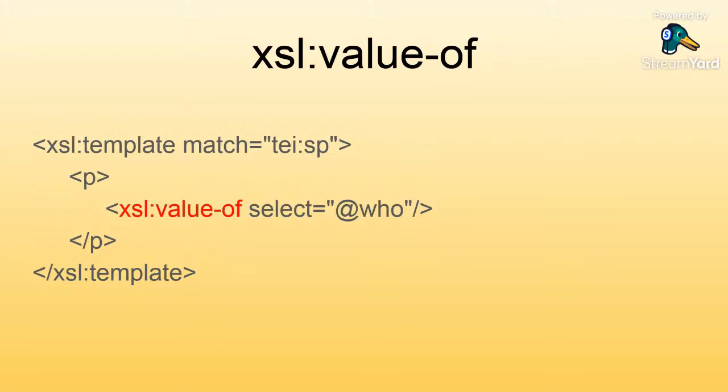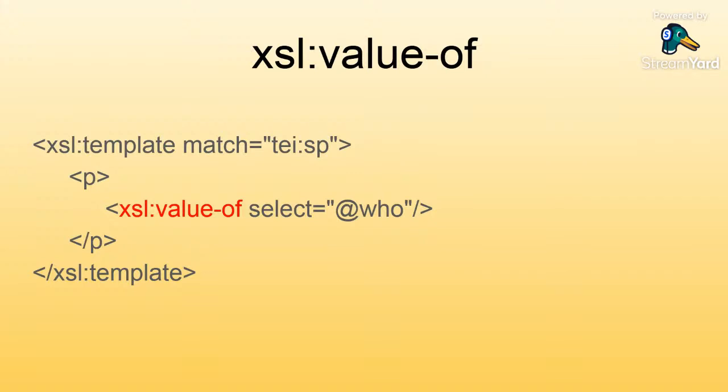different from XSL apply templates in that firstly you have to select something, you have to say what I want to print the value of, and secondly all it does is print the plain text value of that. Now an attribute like who can only have plain text content in it, so that makes sense. If I use value of on an element with a select equals and then an element name in there rather than an attribute name, then any markup that there might be inside that element would be lost.